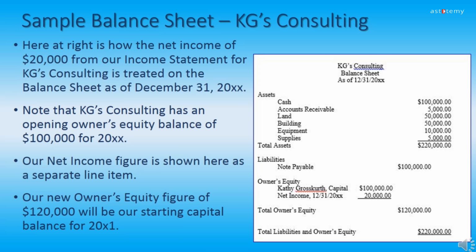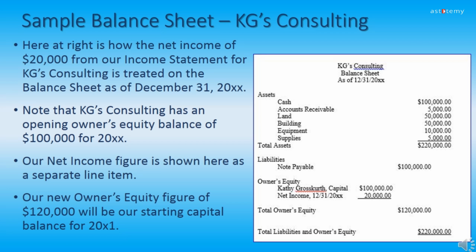Here at right is how the net income of $20,000 from our income statement for KG's Consulting is treated on the balance sheet as of December 31st, 20XX. Before integrating the new net income figure in the updated balance sheet, we start with an owner's equity opening balance of $100,000 for the year ending December 31st, 20XX. In our example, our balance sheet will show the net income earned for December 31st, 20XX as a separate line item at the end of December 31st, 20XX.